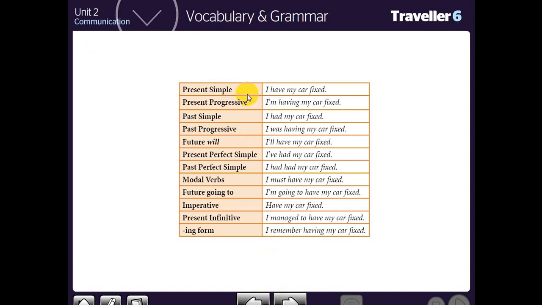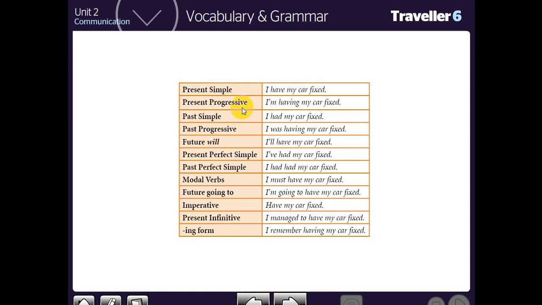The structure of the causative in the present simple, present progressive, past simple, past progressive and future. The present form of the causative is a subject plus have or has, then an object, then the past participle.